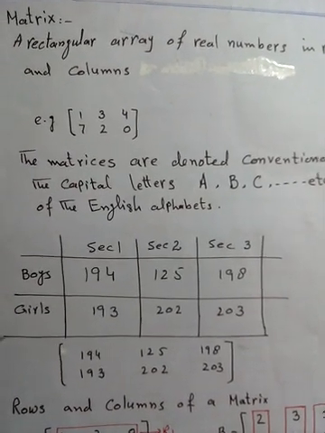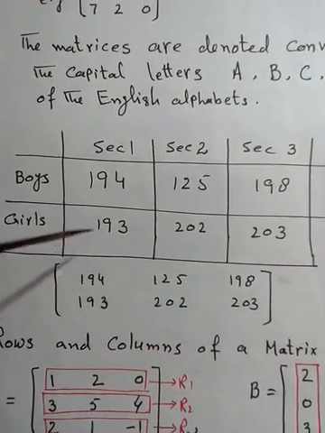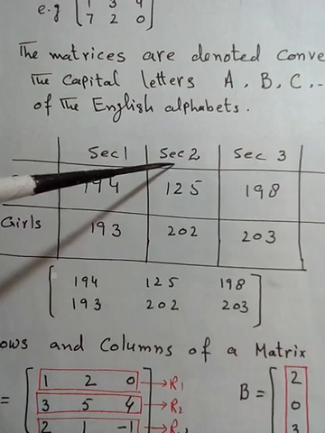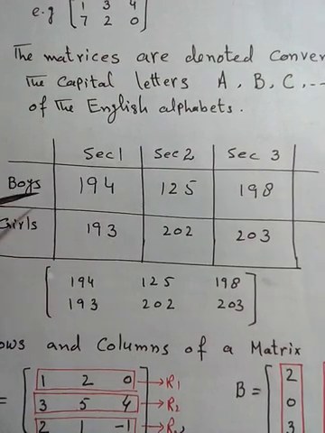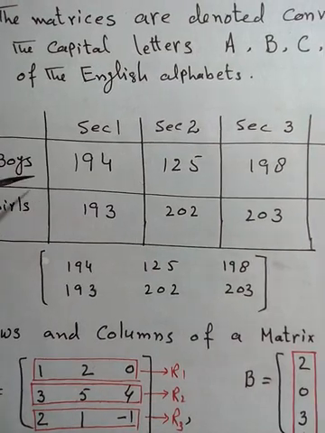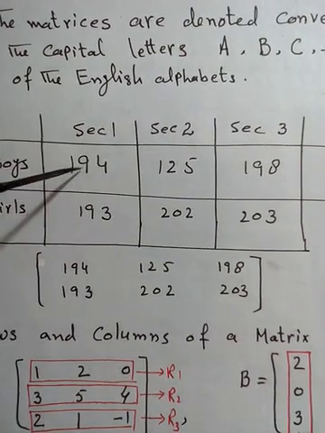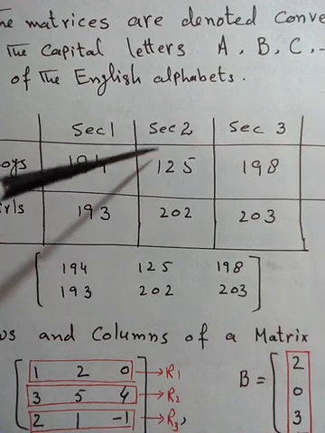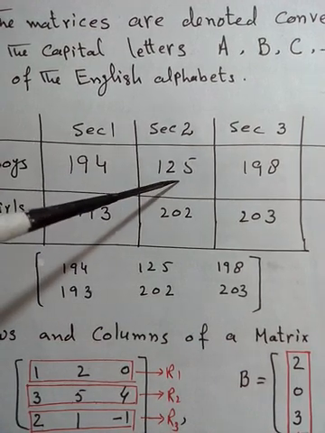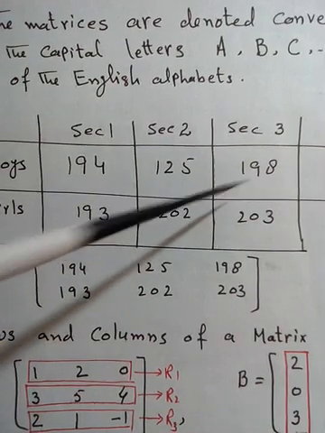Let's take another example. In a school, there are 3 sections, section 1, section 2 and section 3, and their students are boys and girls. Boys in section 1 are 194, boys in section 2 are 125, and boys in section 3 are 198.